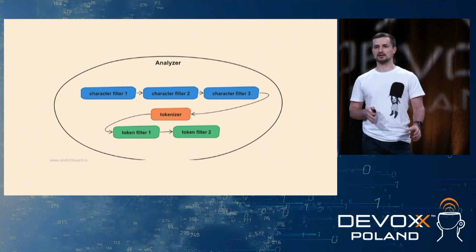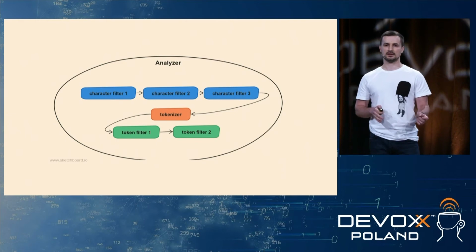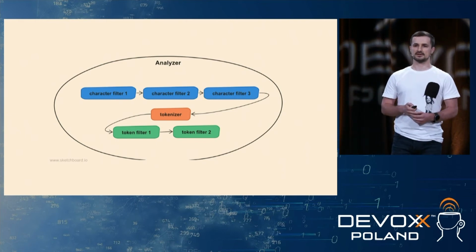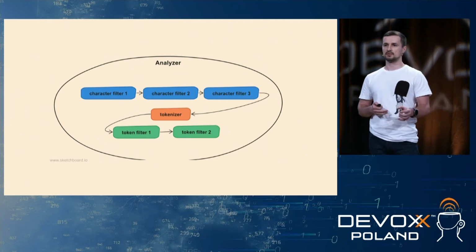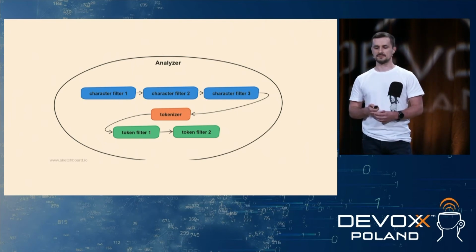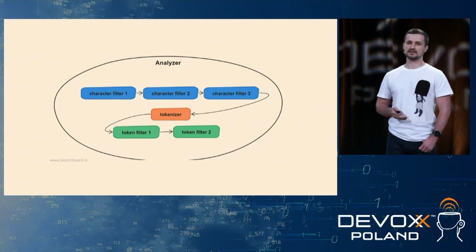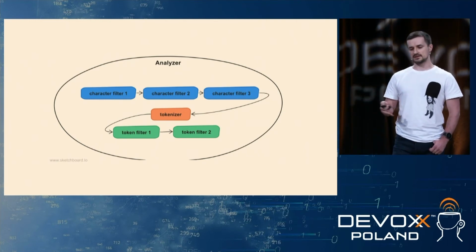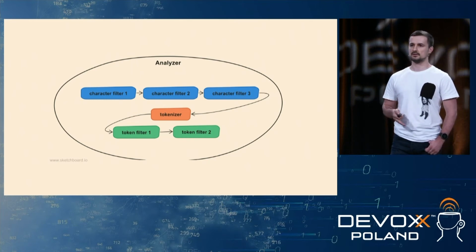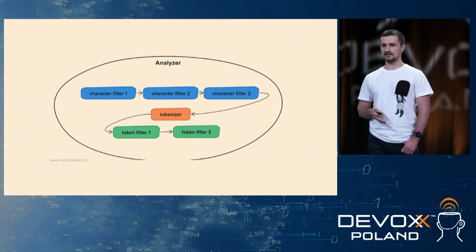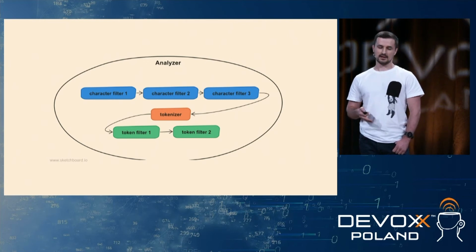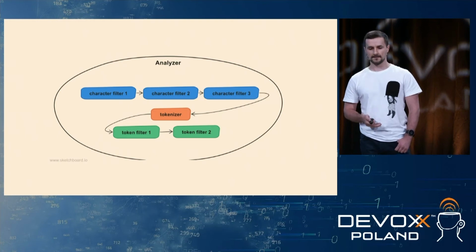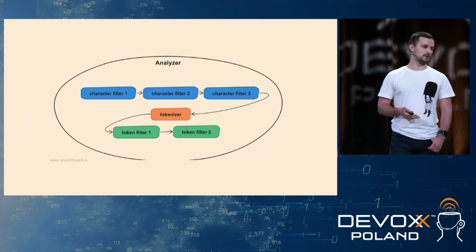It not only divides by white space, but also by some characters that are known to split the words in sentences. And then there are the token filters, and token filters are pretty much the same thing as the character filter, but they work on tokens, or on words or phrases, and they can replace words, they can remove words, and they can add words. Okay, so let's move on.